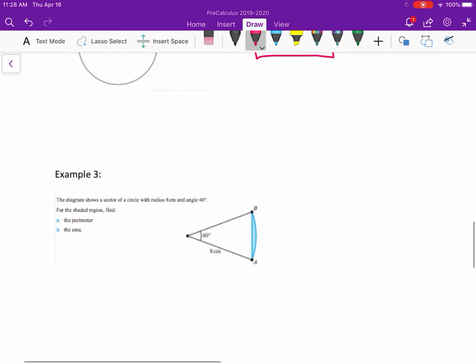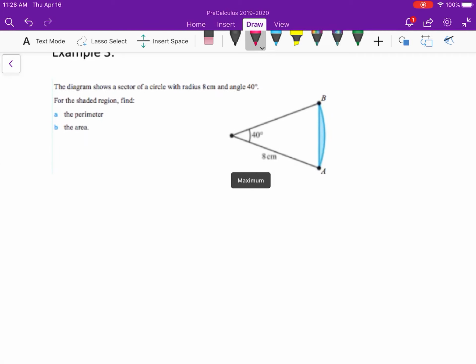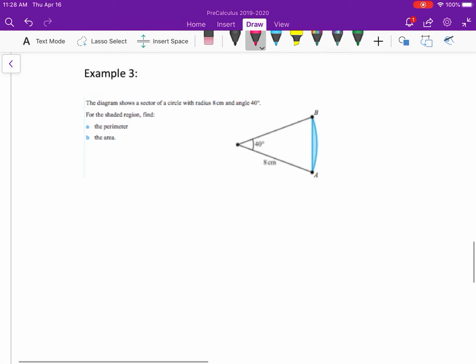All right, so in example 3, it's just putting everything together that we have learned recently. So we have this segment or piece of a circle, and we want to find, for this shaded region in here, the perimeter and the area.